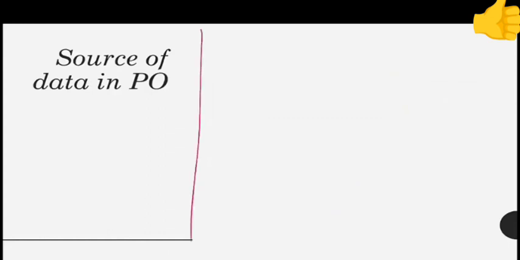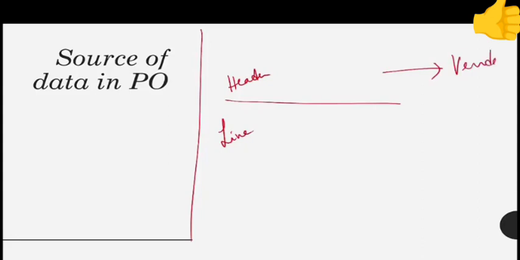And we have also seen the source of data in the PO. Data from the header comes from the vendor. Data in the line items comes from the material master. Header comes from the vendor.